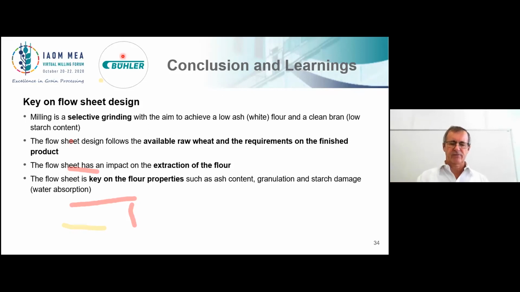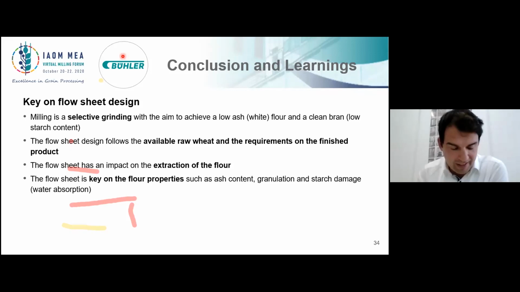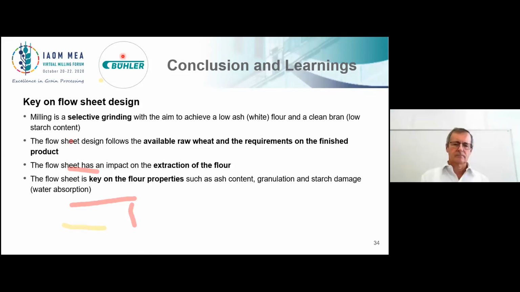Then we have maybe 3.5, 3.8, 4 kilowatt on milling. So around 5.2 altogether from the wheat to the flour. And it depends very much on the flow sheet design and the design of the complete mill, right?